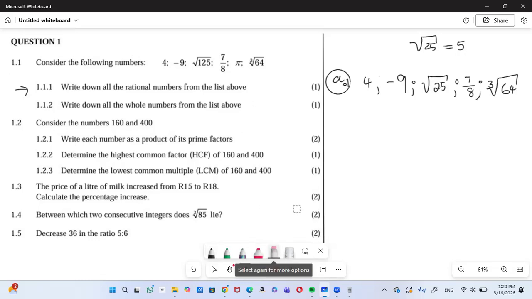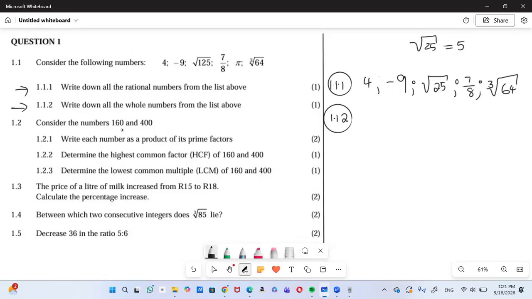Let us number it correctly. So this was 1.1.1. And then now we are at 1.1.2. For 1.1.2, they're saying write down all the whole numbers. So now what is a whole number?